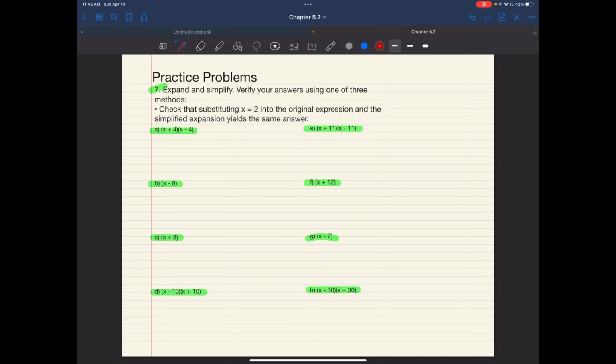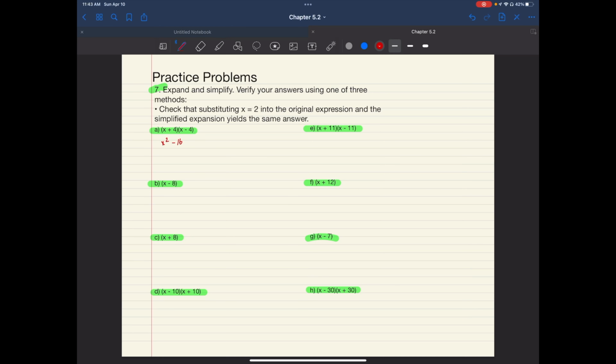Expand and simplify, verify your answers using one of three methods. The other two methods in the textbook were using a graphing calculator and plotting the solution, the equations, which I'm not going to do. We'll just substitute x equals 2 into the original expression, and the simplified expansion yields the same answer. So let's simplify. So we know this is going to be x squared minus 16, right?